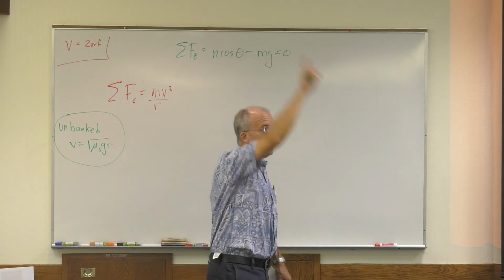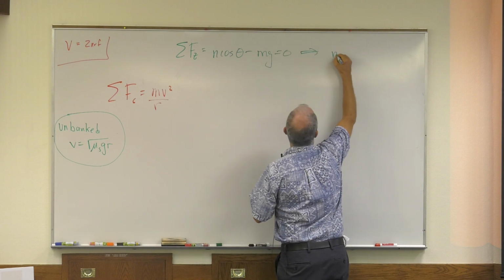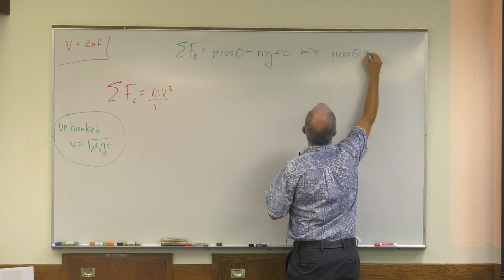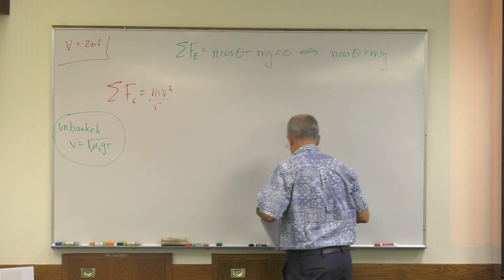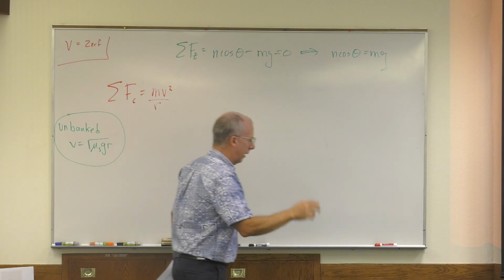The car's not going up or down. So therefore n cos theta equals mg. We didn't have to do that first, I just felt like it.